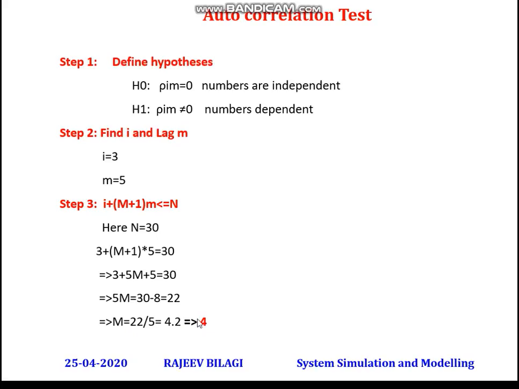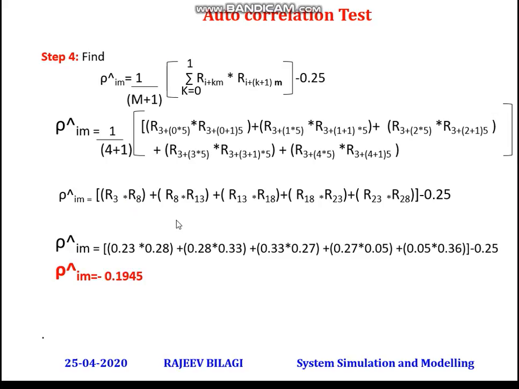Okay. Now finding out this particular value is very important. How, what value we are going to get? Now the capital value is M, that is capital M is equal to 4. You identified the value of I and M. So now, this is very important. Step number 4, find this particular value.